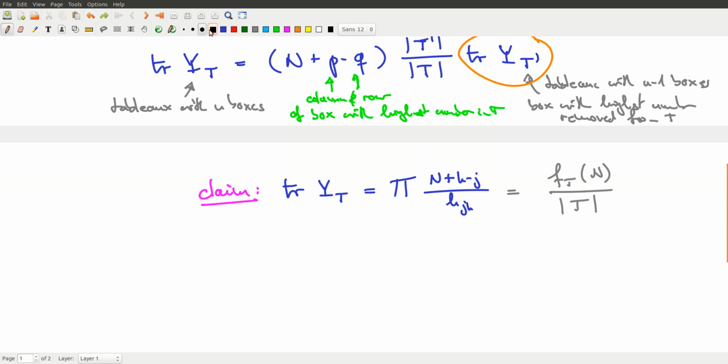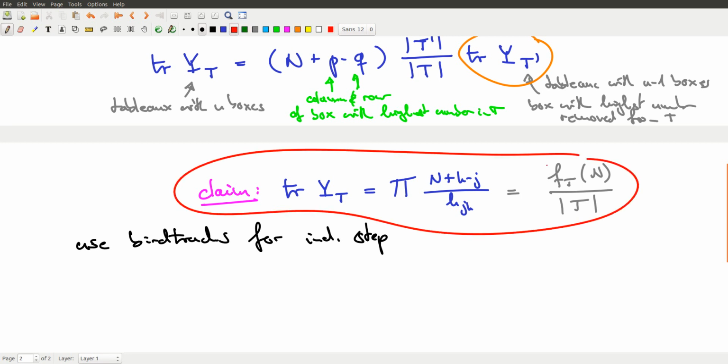And now we're going to prove this recursion formula using birdtracks, which by now you know are fancy. And this dimension formula which we're proving is old and well known.